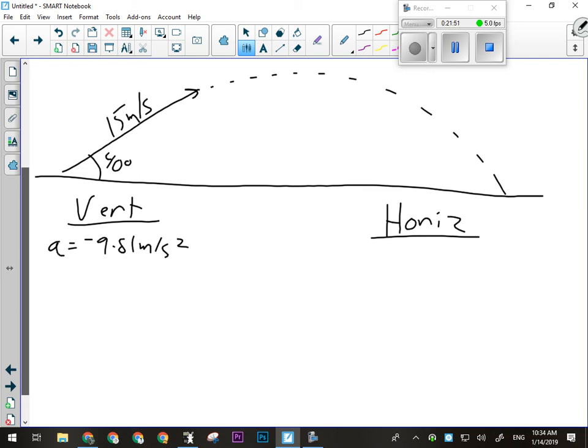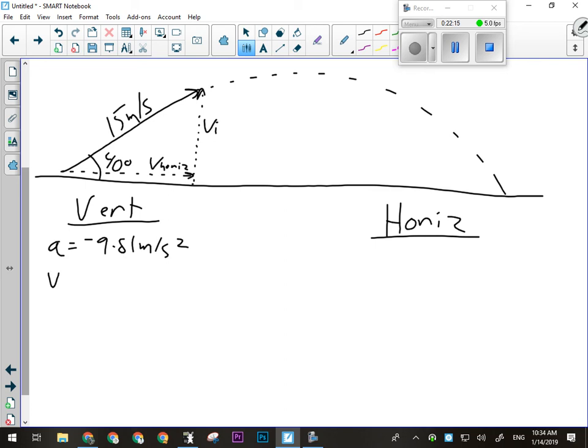Stuff we can calculate is this. In the initial triangle for this vector, this side is the initial vertical velocity, and this side is the constant horizontal velocity. They are the components of the projected velocity. Can I find those? I have the angle and I have the hypotenuse, so I can.